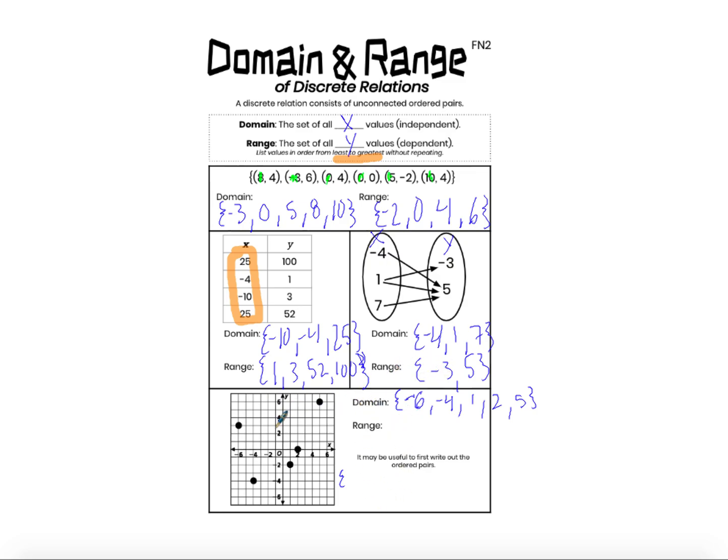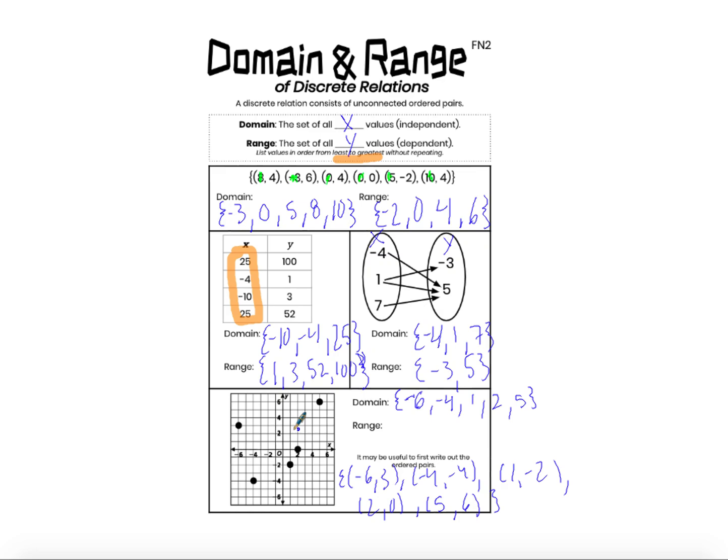Looking at the other way we could have done this, let's write out this graph, this relation, as ordered pairs. So we have -6 and 3, -4 and -4, 1 and -2, 2 and 0, and 5 and 6.